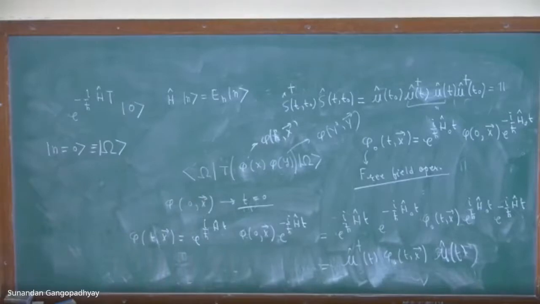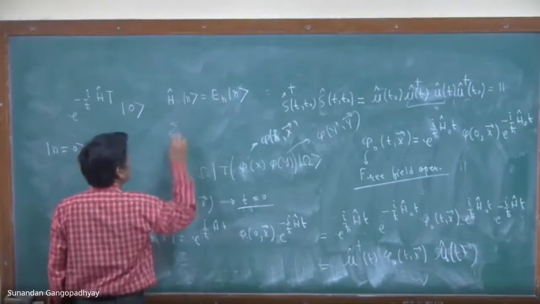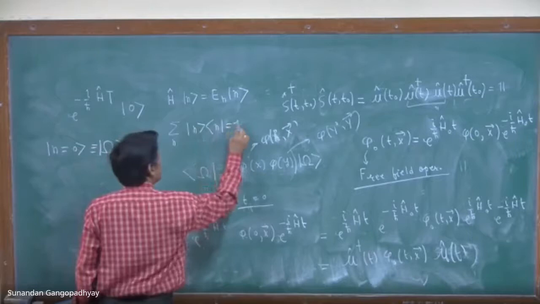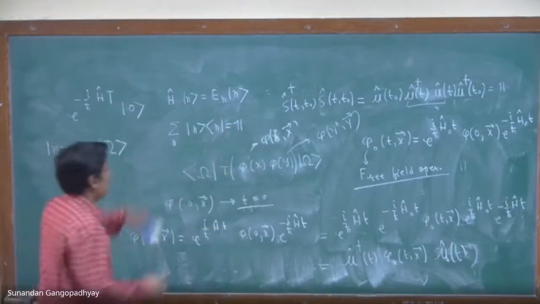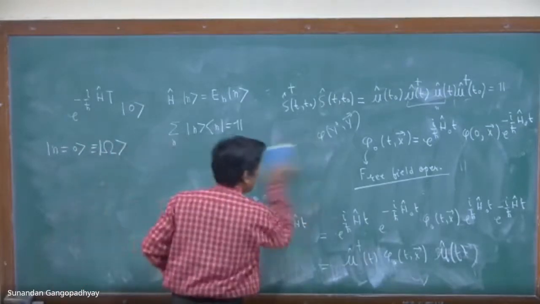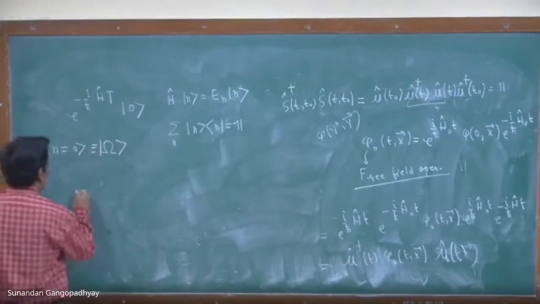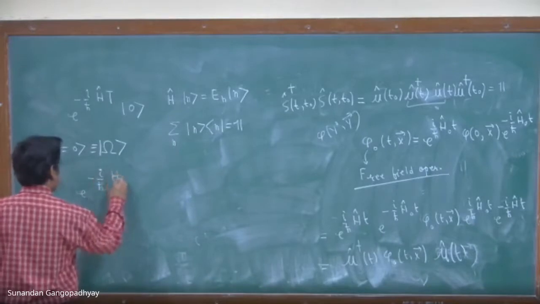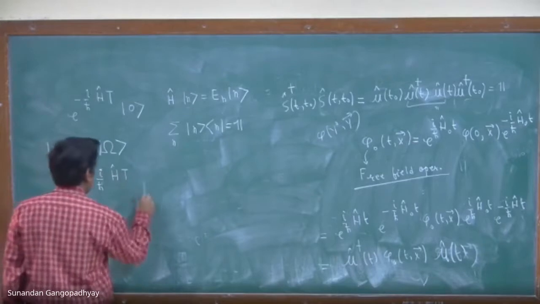So let us now see what this is, and also the states obey the standard completeness relations. We have the standard completeness relation, and let us now see what this is. E to the power of this, 0.